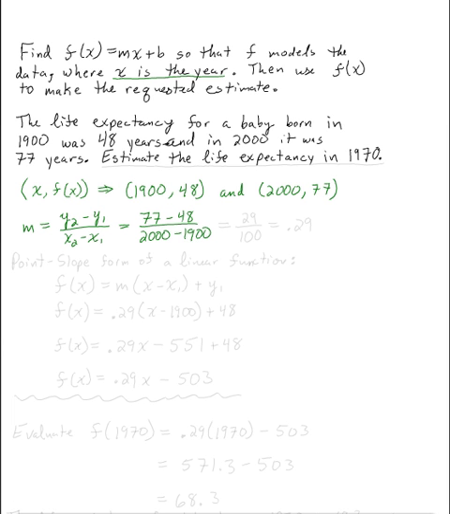Simplifying the numerator, 77 subtract 48 is 29, and 2000 subtract 1900 is 100. And we can simplify this, 29 over 100, we can write that as the decimal number 0.29. So we now have the slope.